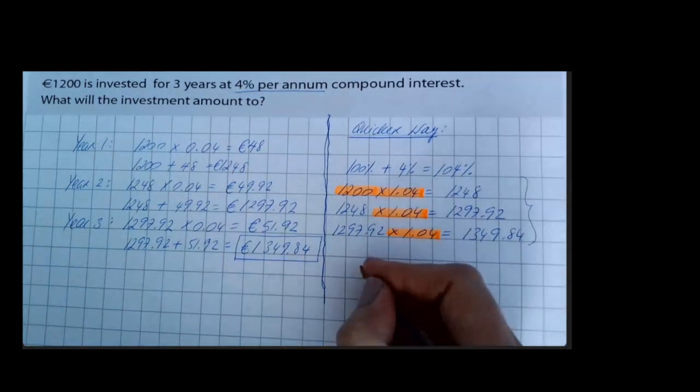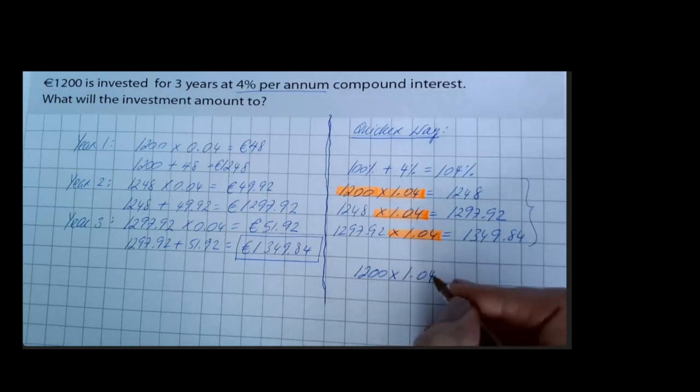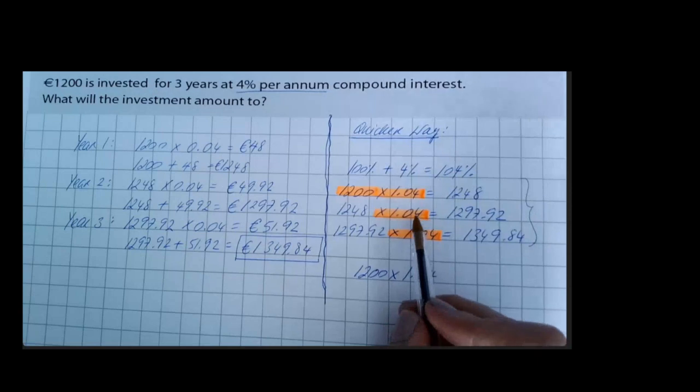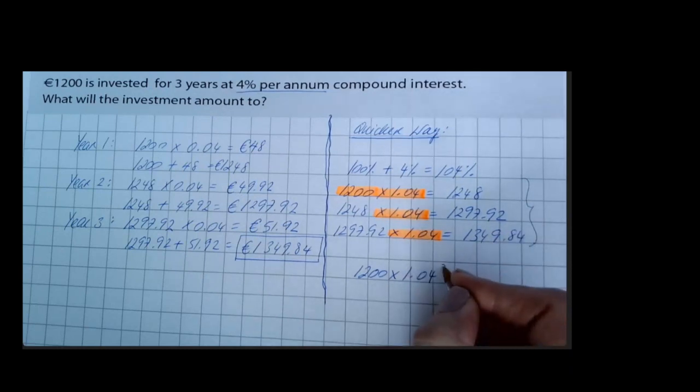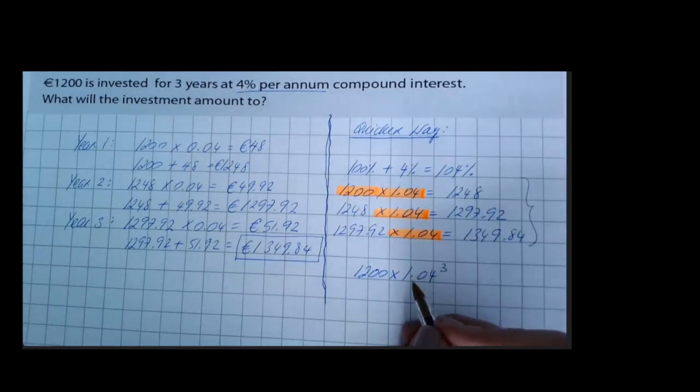So basically what I'm doing is 1,200 times 1.04 times 1.04 times 1.04. Now, when you have an amount times by itself again, that is basically to the power of 3. Yeah, that's what the power of 3 means. It means you're multiplying by 1.04 by itself 3 times.